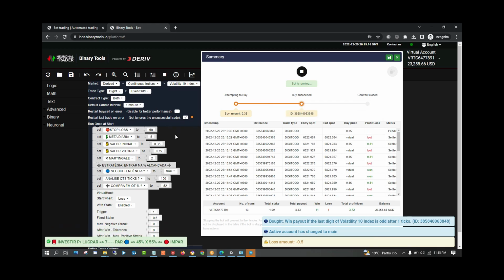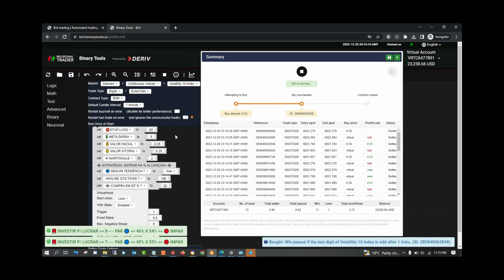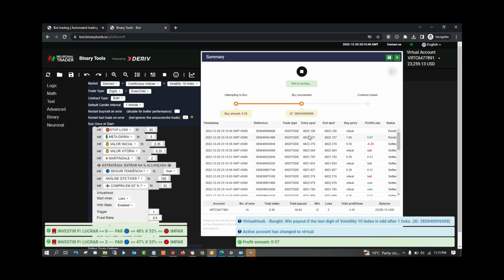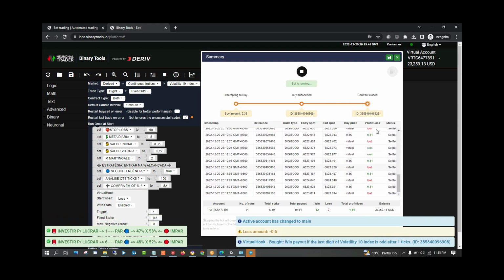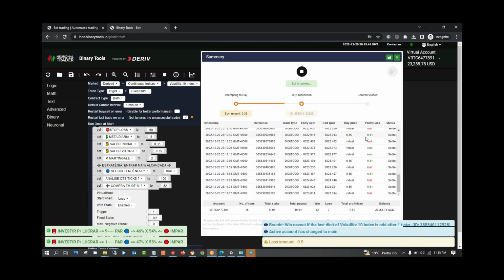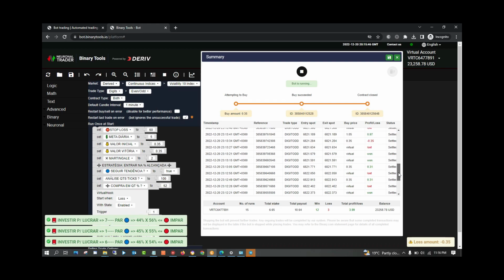If you look closely at the previous trade that we did before we switched to this, it was trading on even number, right? But now it is trading on odd number, because if you look at all these trades here, you'll find that we have a lot more odd numbers than even numbers.